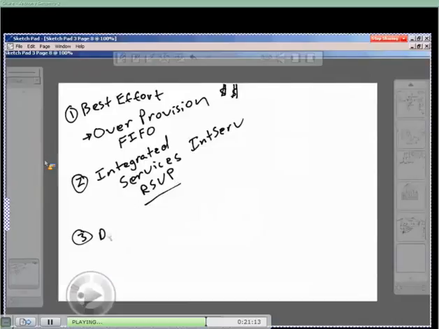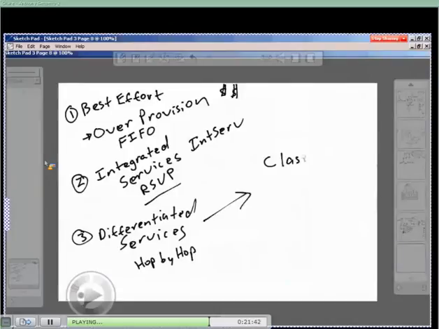The third overall approach to quality of service is the most popular, and it's the one we'll focus on in this course. It's called differentiated services. Differentiated services means that we are classifying and marking traffic and treating it a certain way on a hop-by-hop basis. Differentiated services is made up of disciplines.